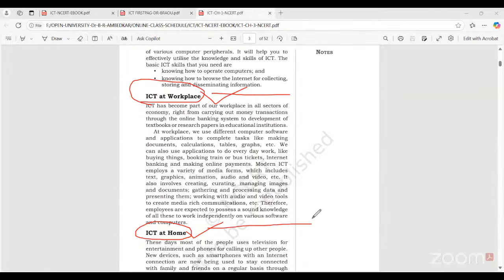And the external devices you connect to the computer are different from workplace to home. So there are two types of ICT we generally use: one at the workplace and one at home.